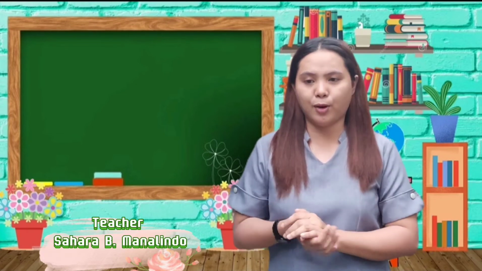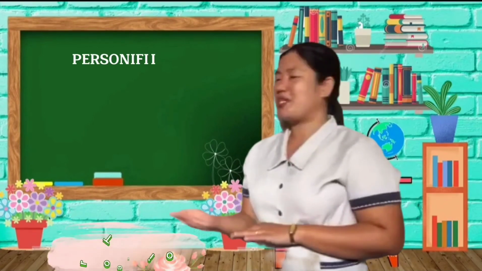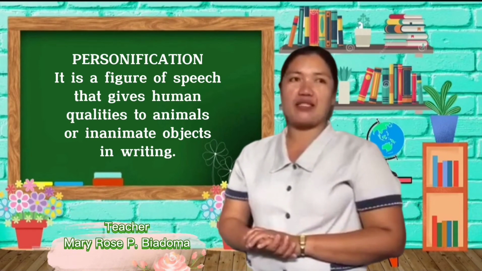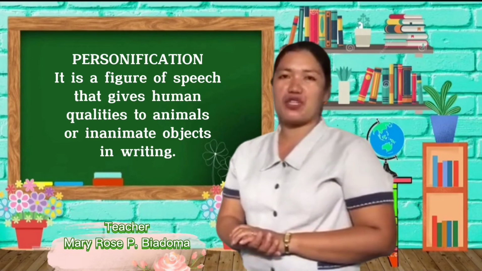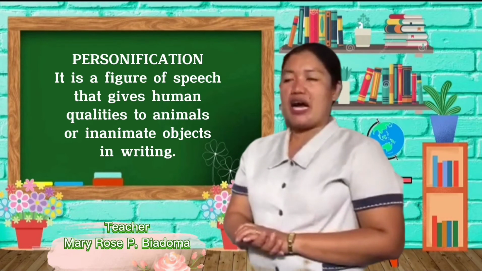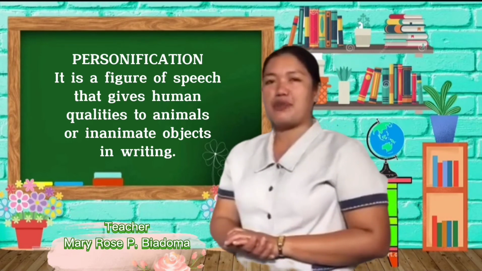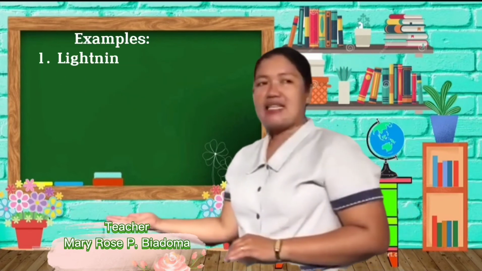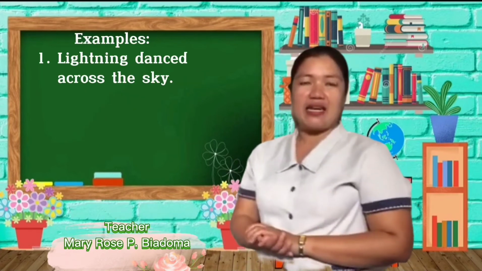So, now, let's move on to the third figure of speech. Personification. It is a figure of speech that gives human qualities to animals or inanimate objects in writing, or a figure intended to represent an abstract quality. For example, lightning dances across the sky.